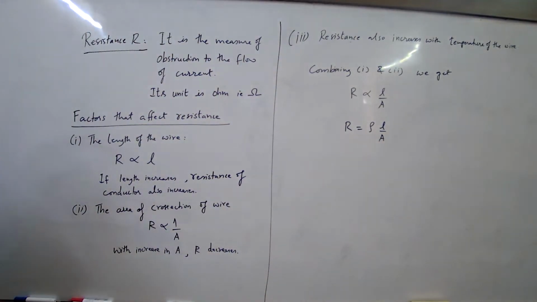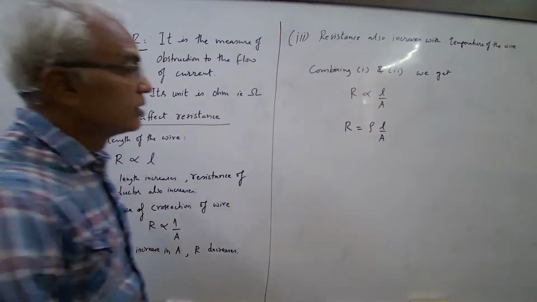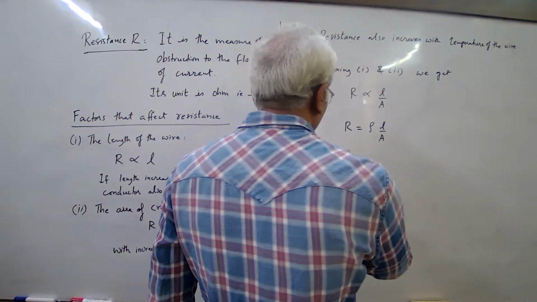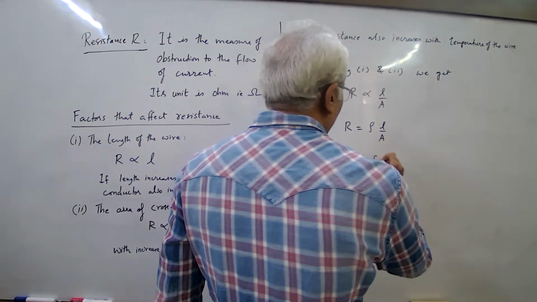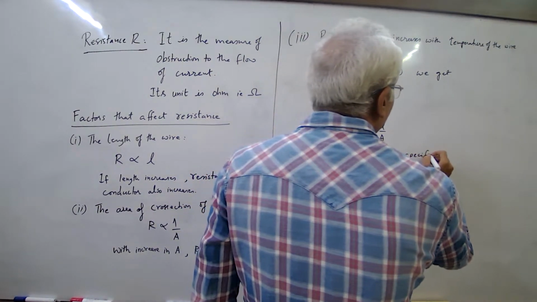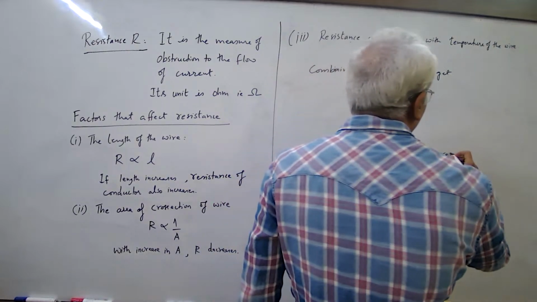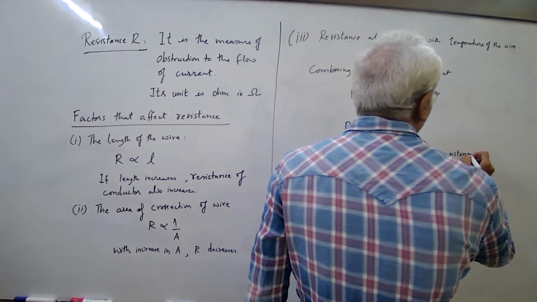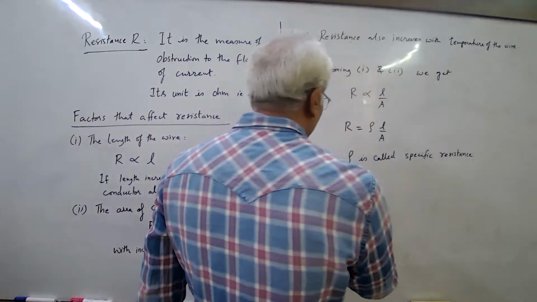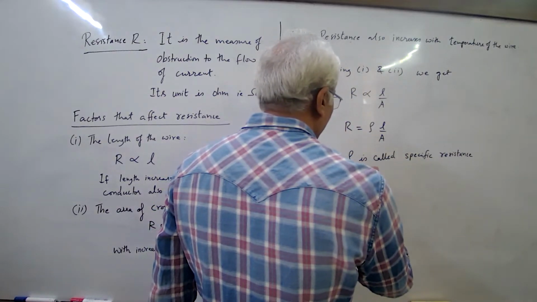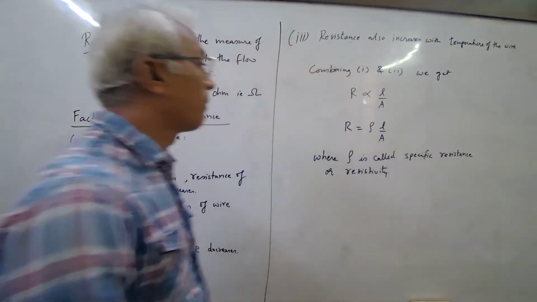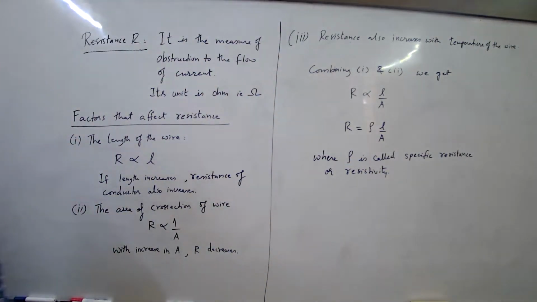What is rho now? Rho is specific resistance or resistivity, where rho is called specific resistance or resistivity. So what is resistivity now?